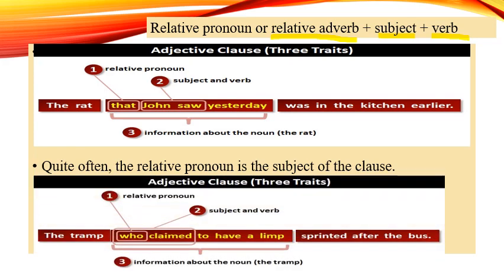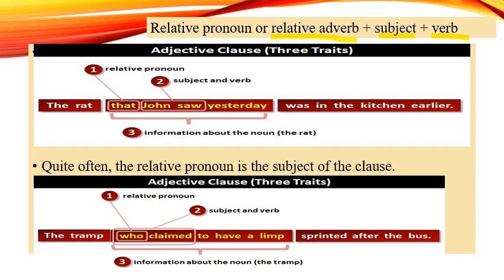Let's see. The tramp who claimed to have a limp sprinted after the bus. Now, the tramp is the word I'm trying to modify. Who claimed to have a limp. Who is the relative pronoun. Claimed is the verb.